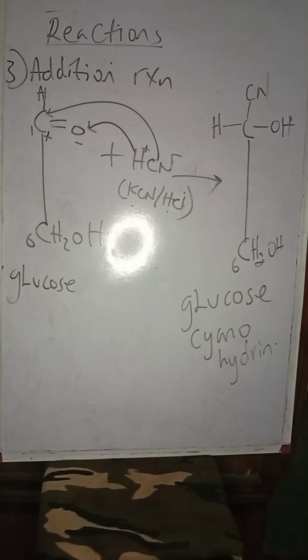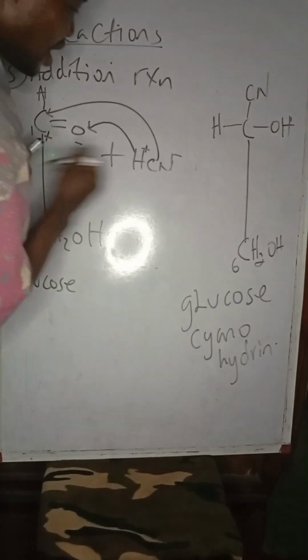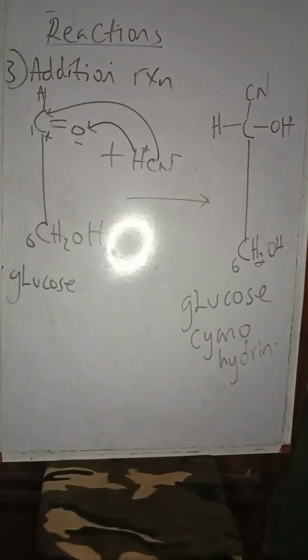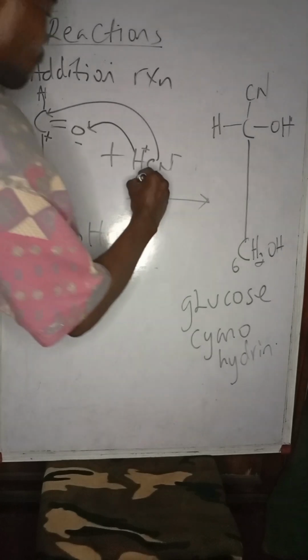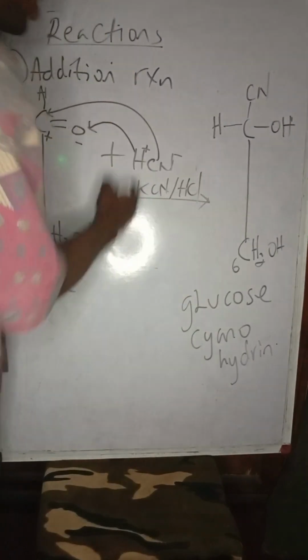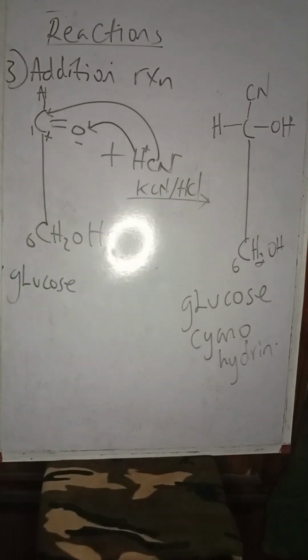So glucose plus HCN, or plus KCN in HCl, will produce glucose cyanohydrin. You can see on your arrow, at times you can see KCN in HCl. It's going to produce HCN to form glucose cyanohydrin. So that's for addition reaction.